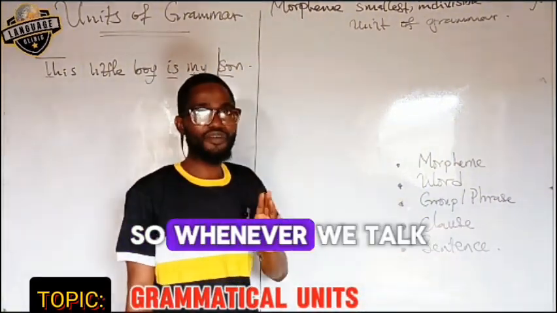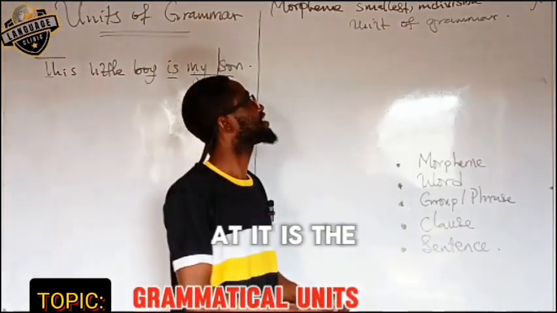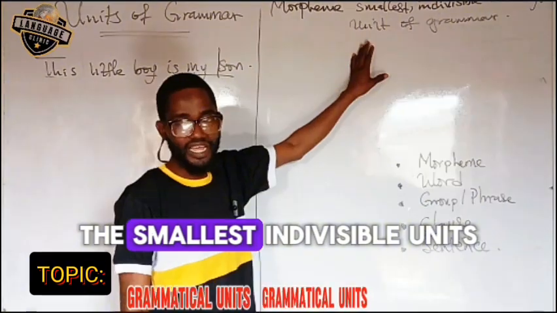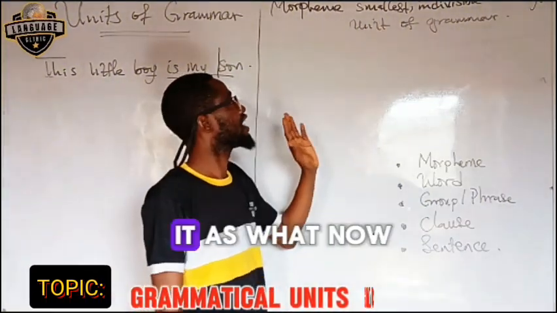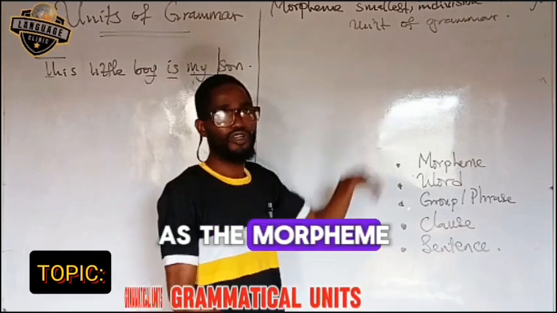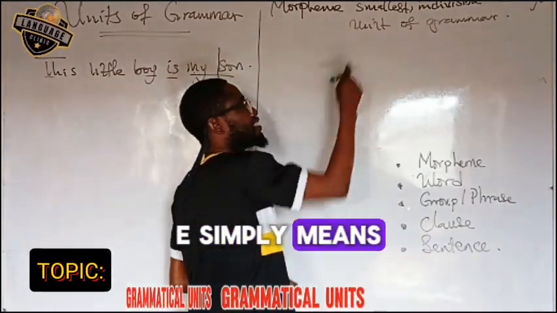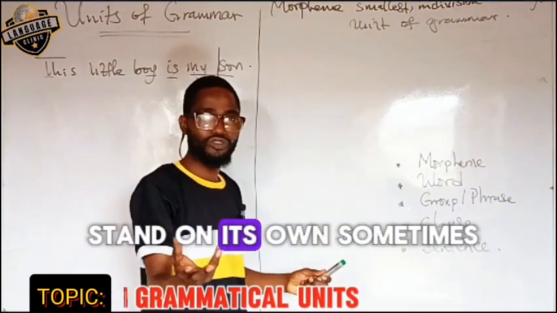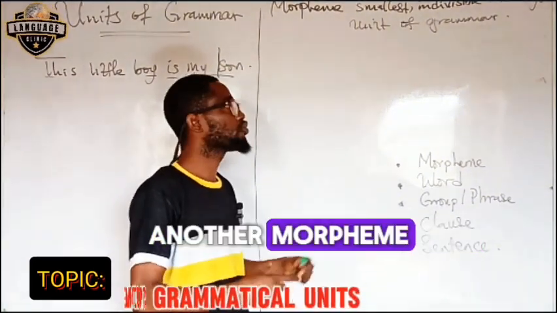So whenever we talk about any grammar, we look at the smallest indivisible unit, and we refer to it as the morpheme. A morpheme can sometimes stand on its own, and sometimes a morpheme has to depend on another morpheme to make a whole word.